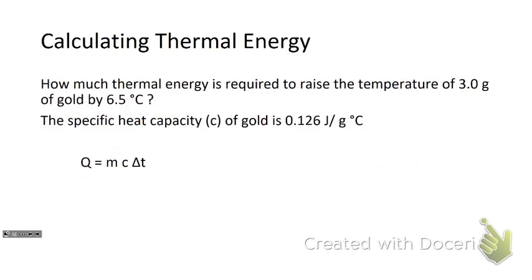Okay, so we're getting into an example here. So the question is, how much thermal energy is required to raise the temperature of 3 grams of gold by 6.5 degrees Celsius? Okay, so here we only have a temperature change, right? So we're going to be using this formula here. Anytime that you're given a word problem like this, you're going to want to write down your variables, what we know.